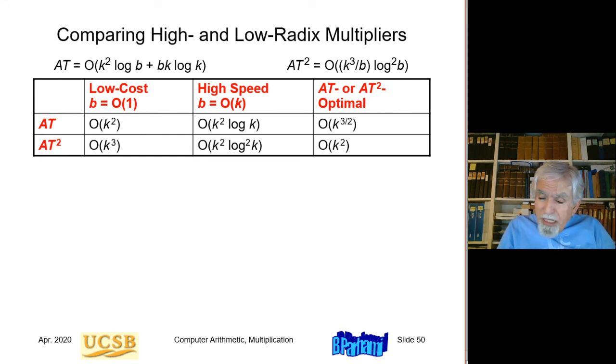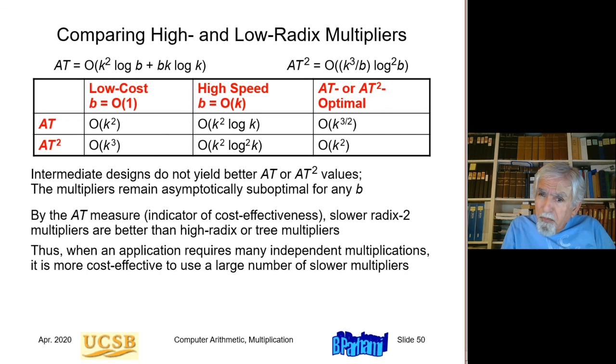Okay, so what this tells us is that if we have a whole bunch of multiplications to perform, it is more cost-effective to include many small multipliers, many slow multipliers compared with one huge large multiplier. So we have a particular amount of real estate area on the chip.